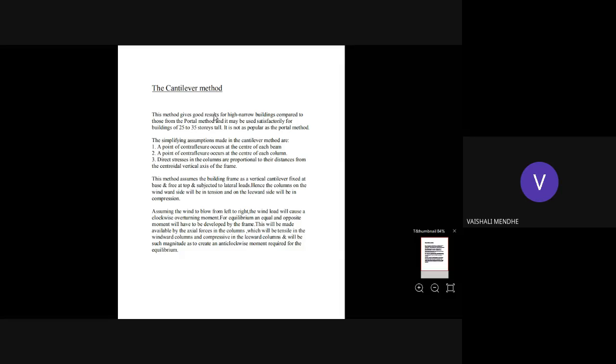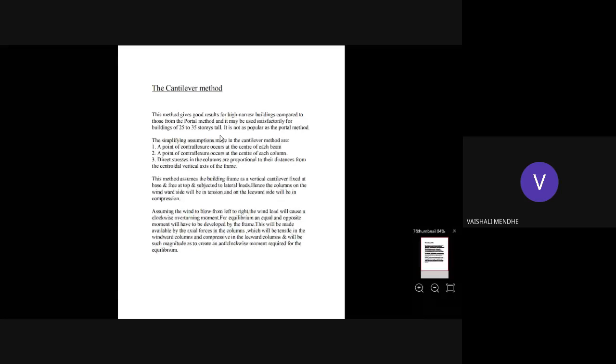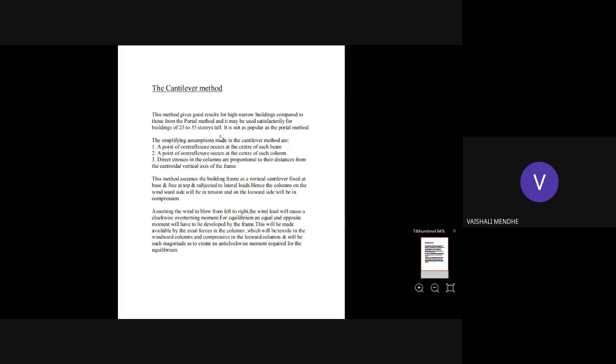So now I am going to start the last approximate method of structural analysis from unit 6, that is the cantilever method. This is again the method used for the analysis of lateral loads.